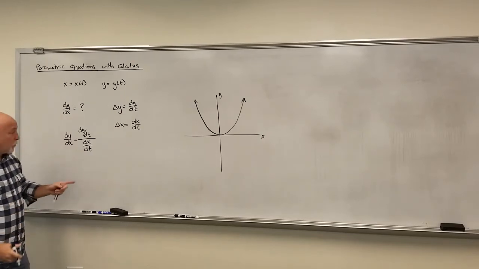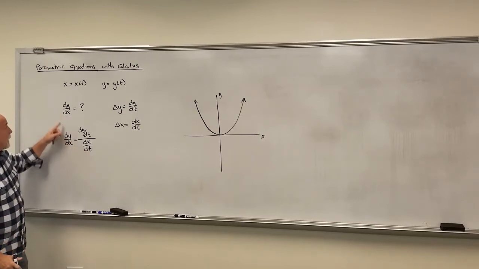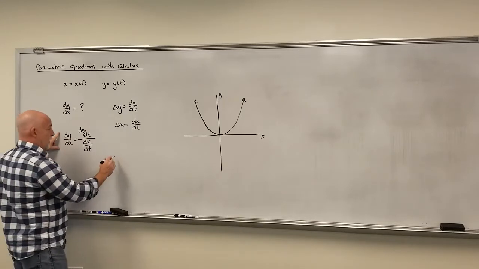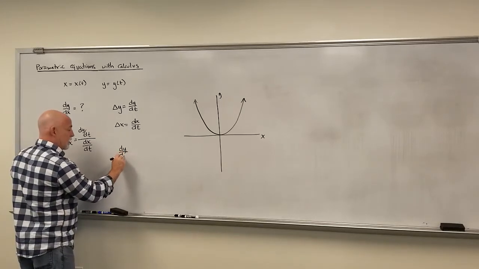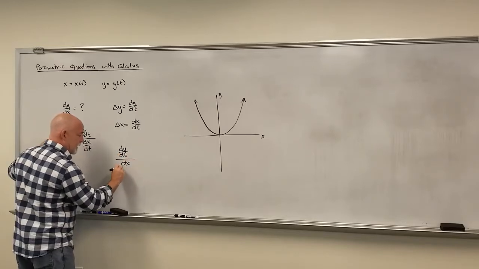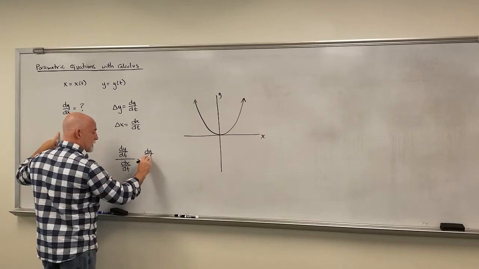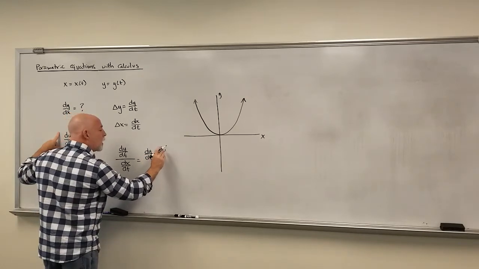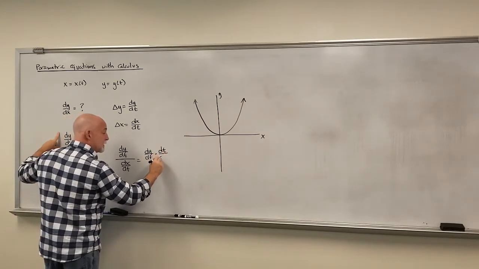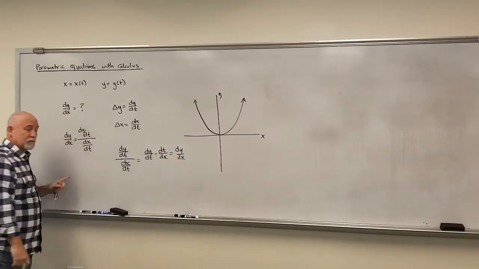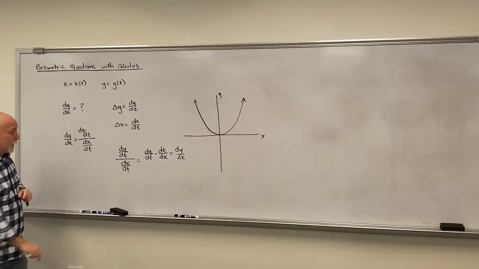And that's actually what our derivative would be when it's in parametric form. Now notice just algebraically, we have dy/dt divided by dx/dt. If you flip and multiply this, you get dy/dt times dt/dx, which is dy/dx.